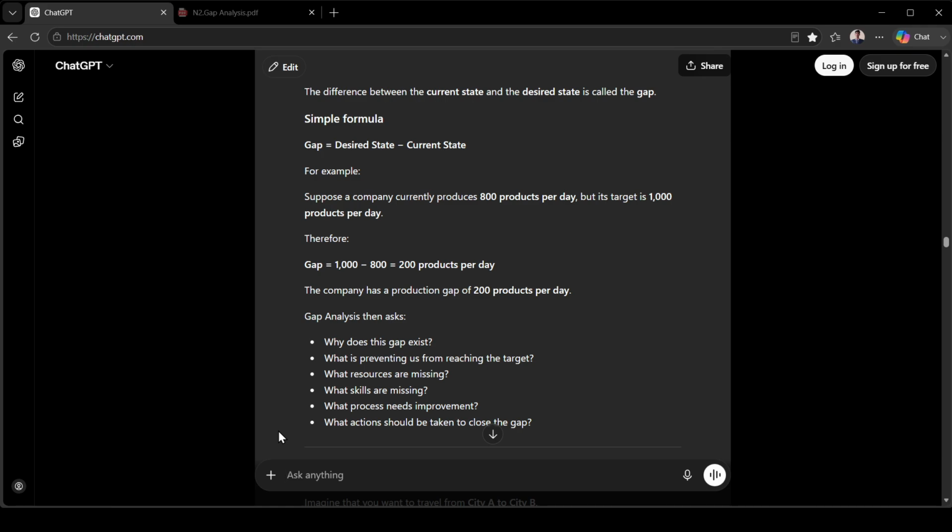So, for example, suppose a company currently produces 800 products per day, but the target is 1000 products per day. Therefore, gap equals 1000 minus 800 equals 200 per day. The company has a production gap of 200 products per day.